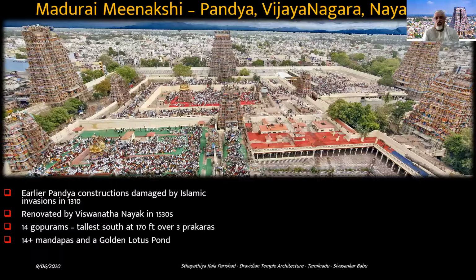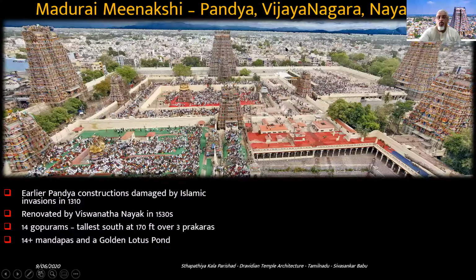It was extensively renovated and restructured by Viswanatha Nayaka, and he built it according to the agamas, with rectangular concentric structures, naming all the streets and things based on Tamil months. So this has got 14 gopuras, the tallest one in the south being 170 feet.